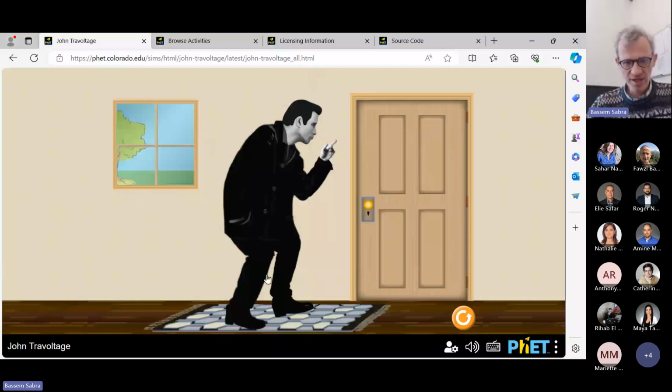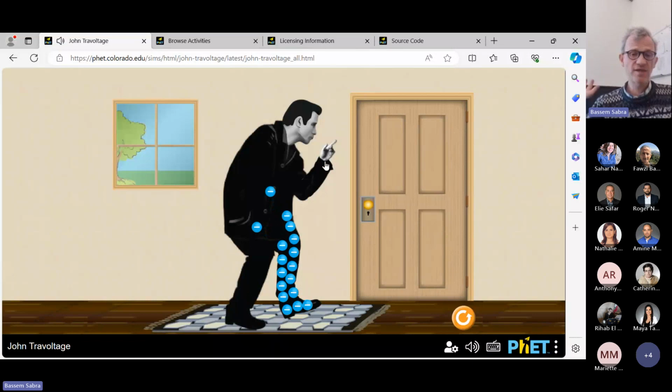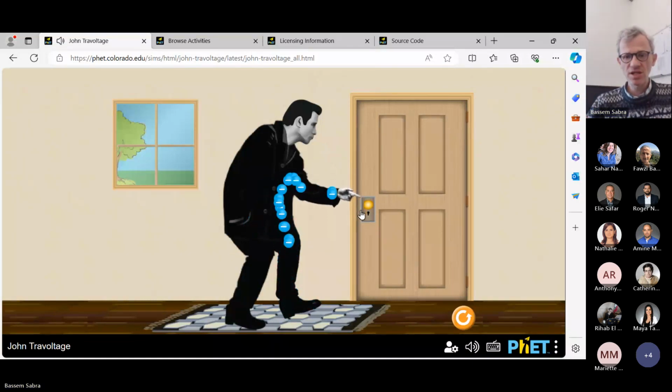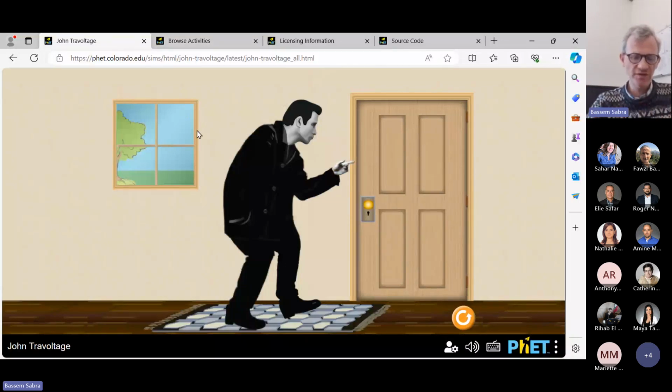I can start with this simulation here, and tell them, okay, if you're not touching anything that's conductive, nothing will happen. You don't feel anything. But if you touch anything that's conducting, like a doorknob or another person, you feel that electricity, a small spark. And that's because you are transferring charges from the carpet to your foot and to your body, and then you basically get charged.